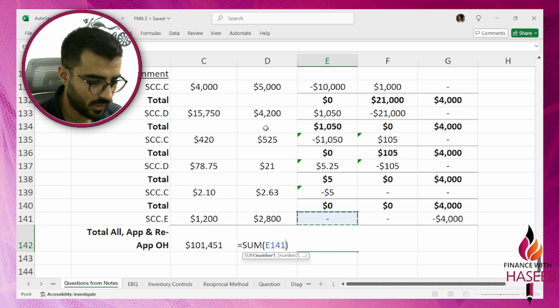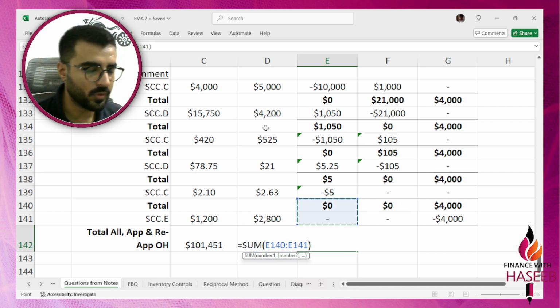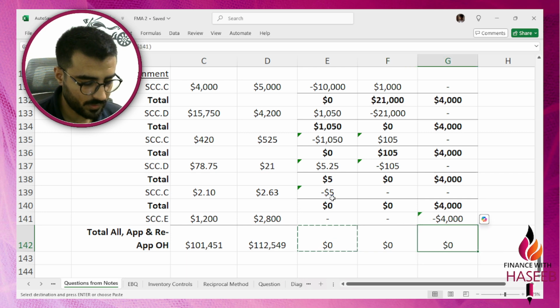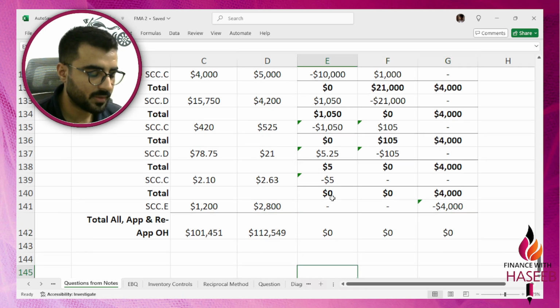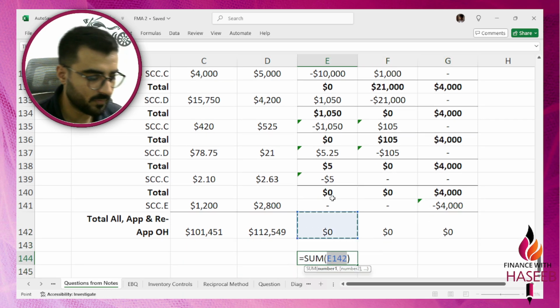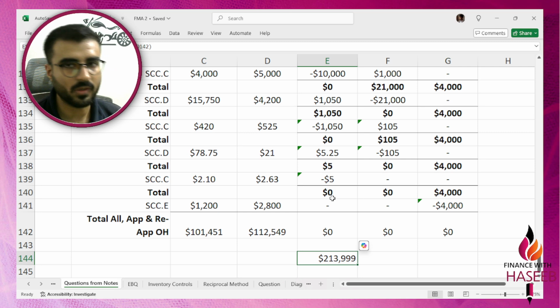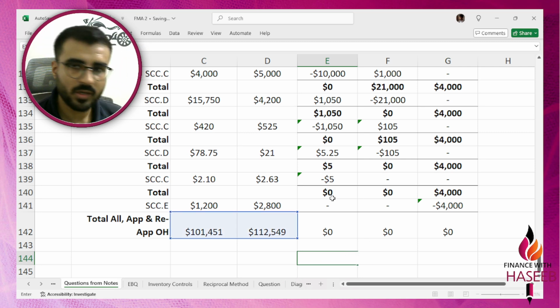For this service cost center we have to only add from this line below. Okay. So let's check if we have done the calculation right. So we will add these figures, and these are coming to $214,000, which was our original overhead. Okay, so $1 difference, it is a minor difference, it doesn't matter, you can ignore this difference.